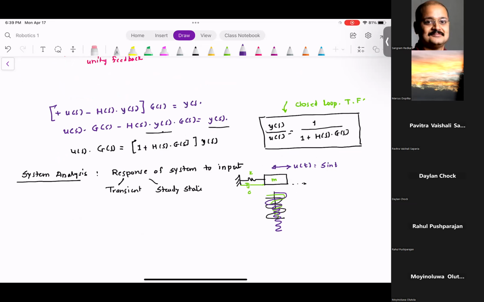So please try to understand, transient response is due to initial conditions, and steady state response is due to input.